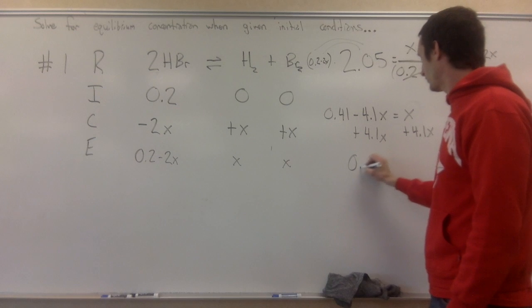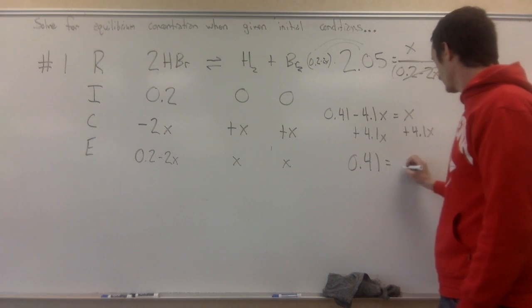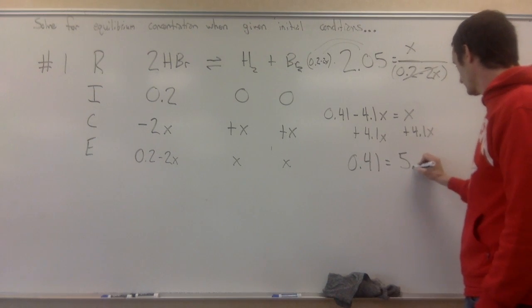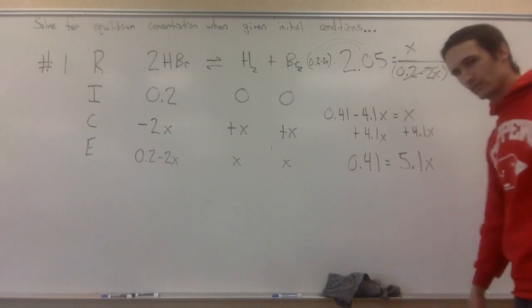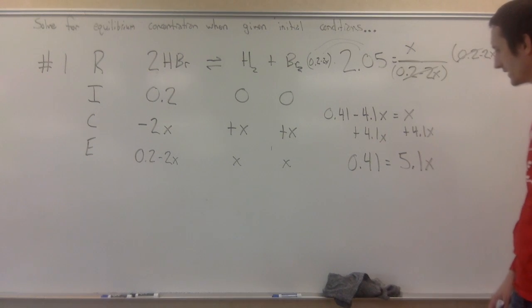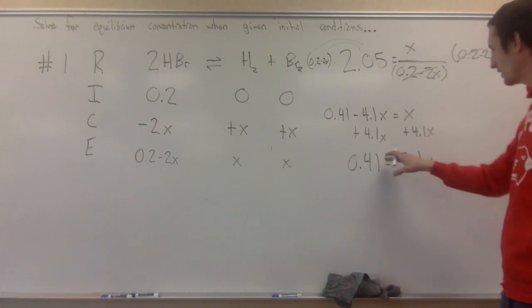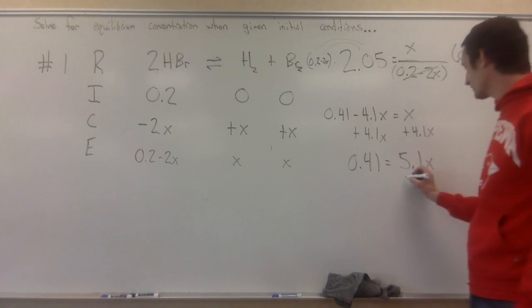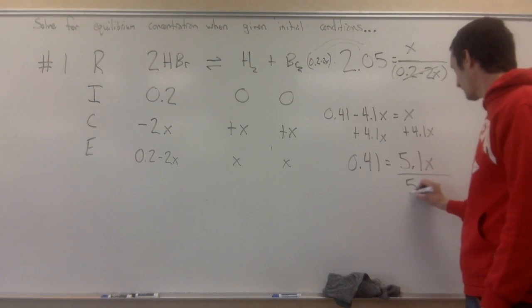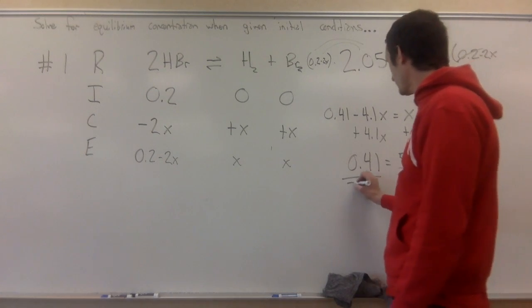So I got, the end is in sight. Feel like we can solve this now. 0.41 equals 5.1x. So divide by 5.1, divide by 5.1.